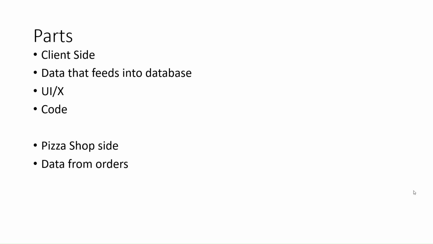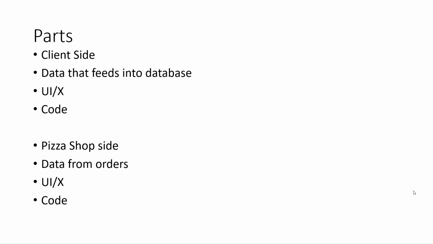We're going to have the data from the orders. That's something we'll be putting together and reading from the database. We'll be putting together a user interface that employees in a restaurant or a business owner or someone might be able to use to see what orders are coming in and what pizzas need to be made, stuff like that.